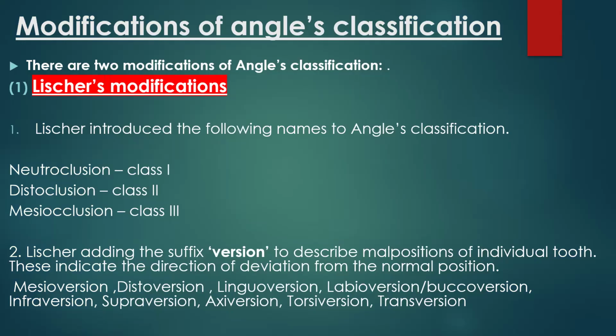And he also added the suffix version to describe the position of individual teeth. These indicate a direction of deviation from normal position. That is, like mesioversion, distoversion, linguoversion, labioversion, buccoversion, infraversion, supraversion, axiversion, torsiversion, and transversion.